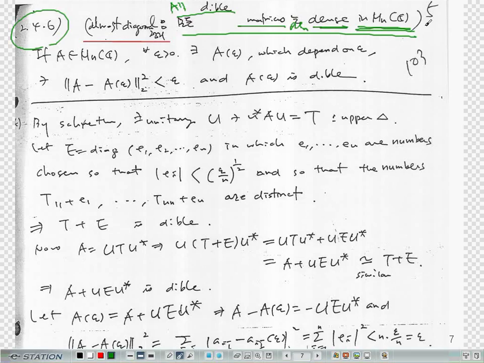What that means is if A is an n by n matrix, then for arbitrarily chosen epsilon, there exists a matrix A epsilon such that the two norm of A minus A epsilon is less than epsilon, and this matrix is diagonalizable.